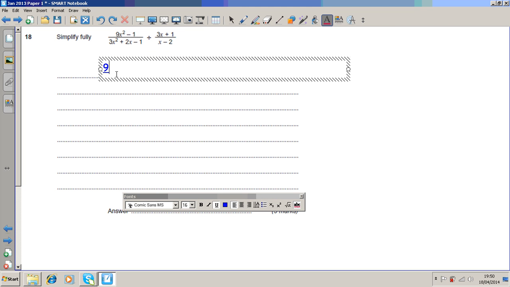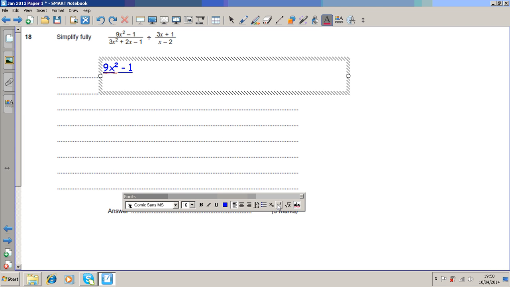So the first fraction stays the same, 9x squared minus 1 over 3x squared plus 2x minus 1.